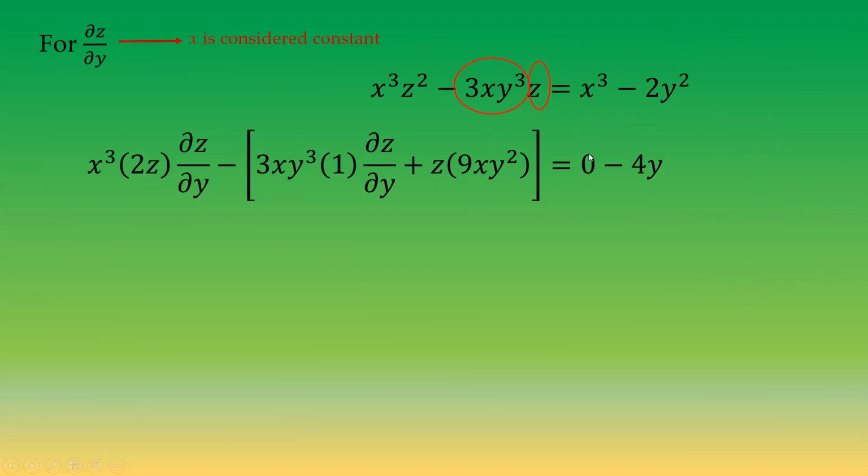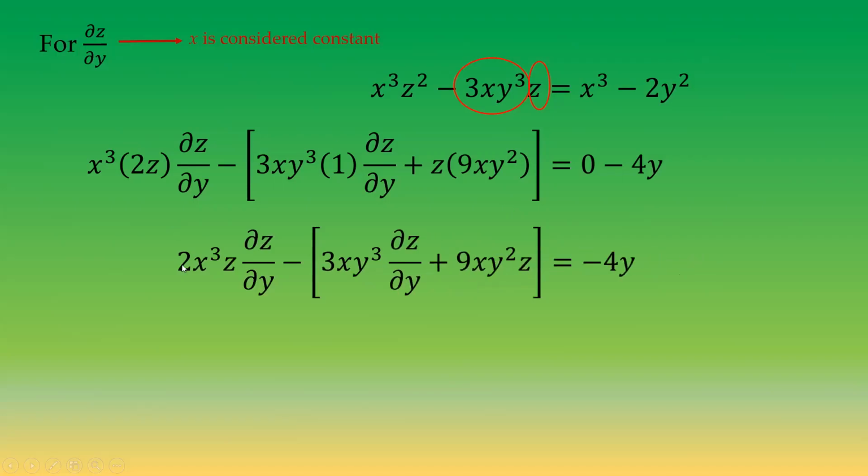So this is now our answer. Now, let's simplify: 2x cubed z, partial derivative of z with respect to y, minus 3xy cubed dz over dy plus 9xy squared z equals negative 4y.